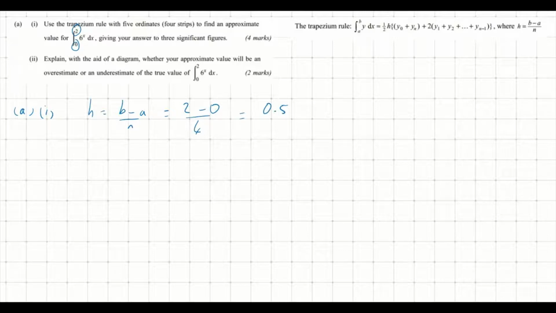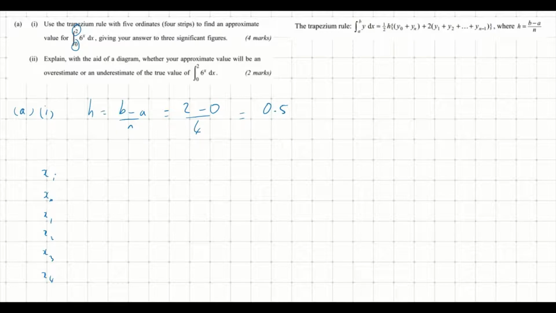And to do a Trapezium Rule question, I usually create a little table of x values and y values. So let's do that. Here's my xi values. Now it says I'm using 5 ordinates, so I'm going to have x0, x1, x2, x3, and x4.